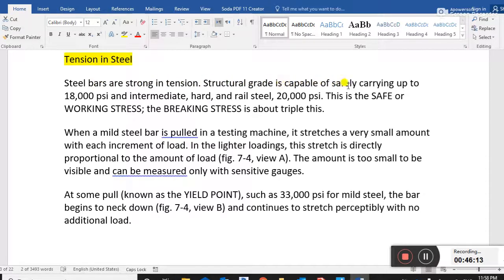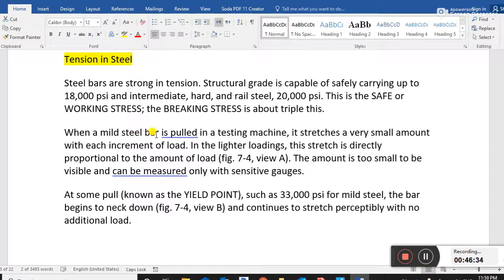Structural grade is capable of safely carrying up to 18,000 psi, pounds per square inch, and intermediate hard and rail steel 20,000 psi. This is the safe or working stress. The breaking stress is about triple this.